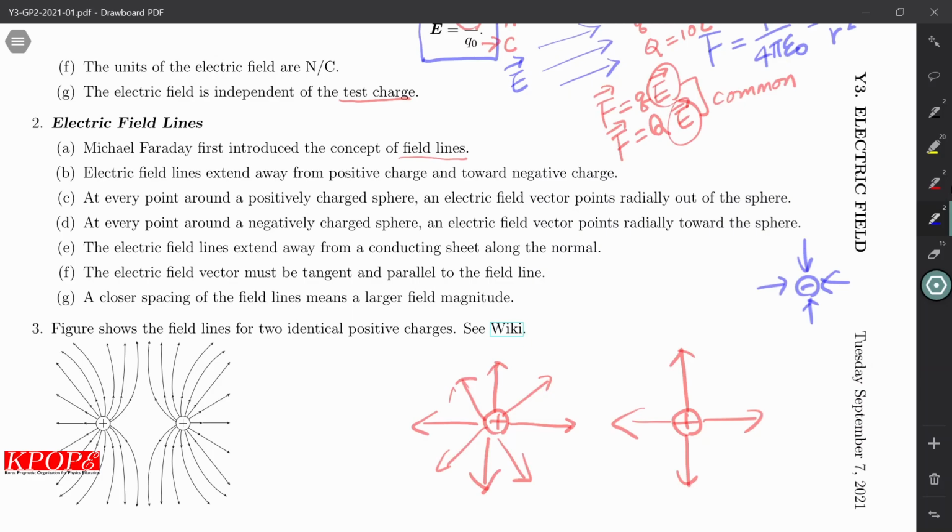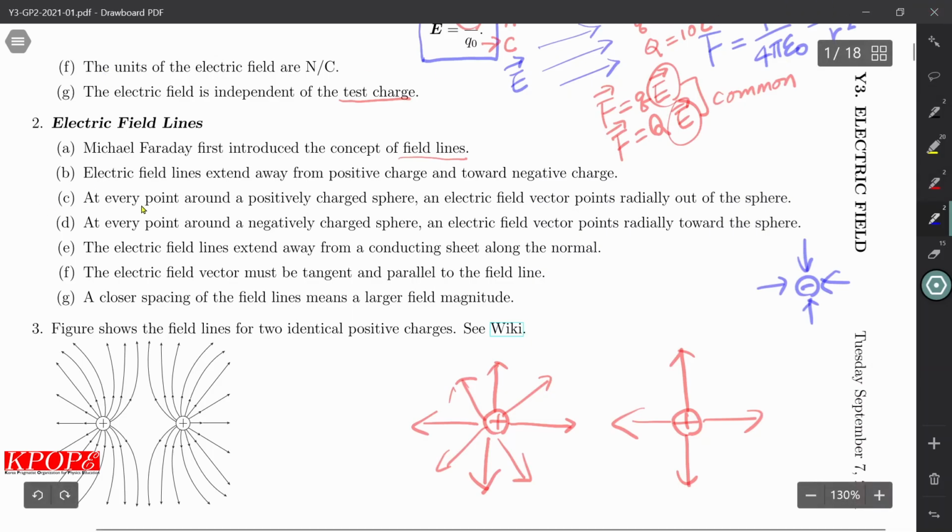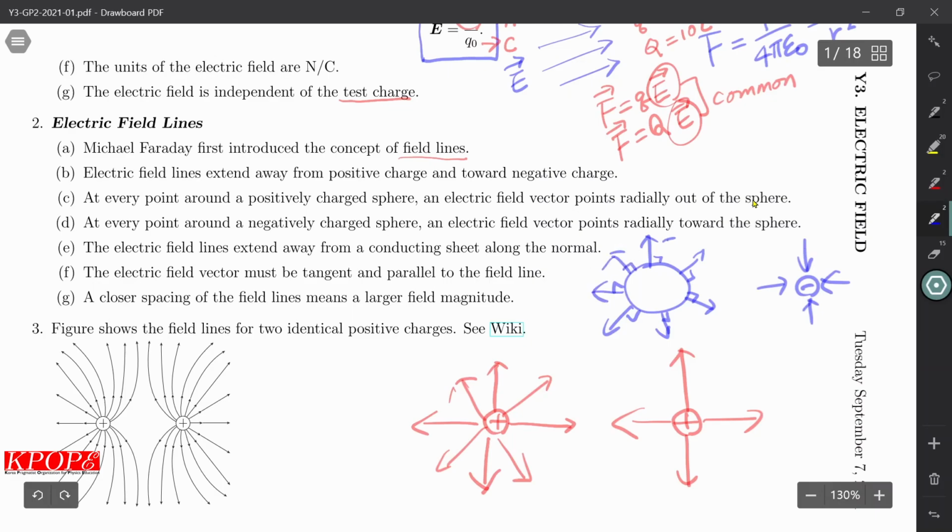C. At every point around the positively charged sphere, an electric field vector points radially out of the sphere. If it is a sphere, electric field line is normal to the surface. So, points radially.